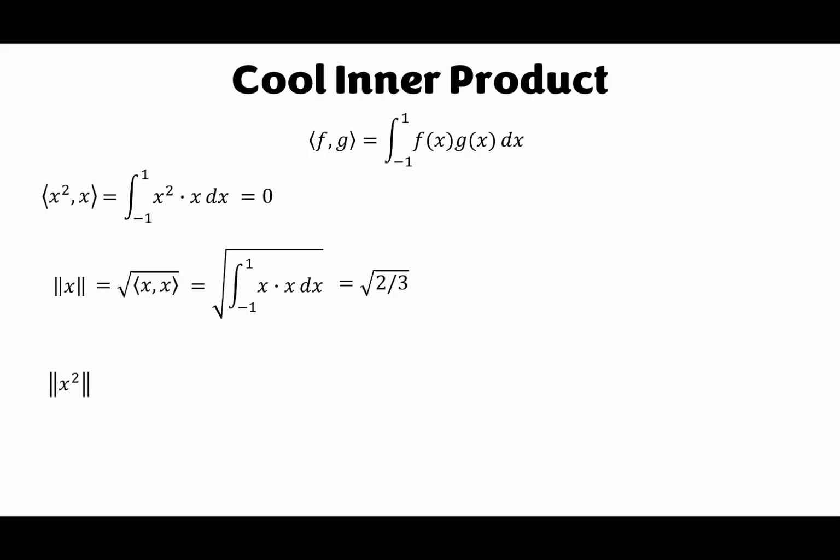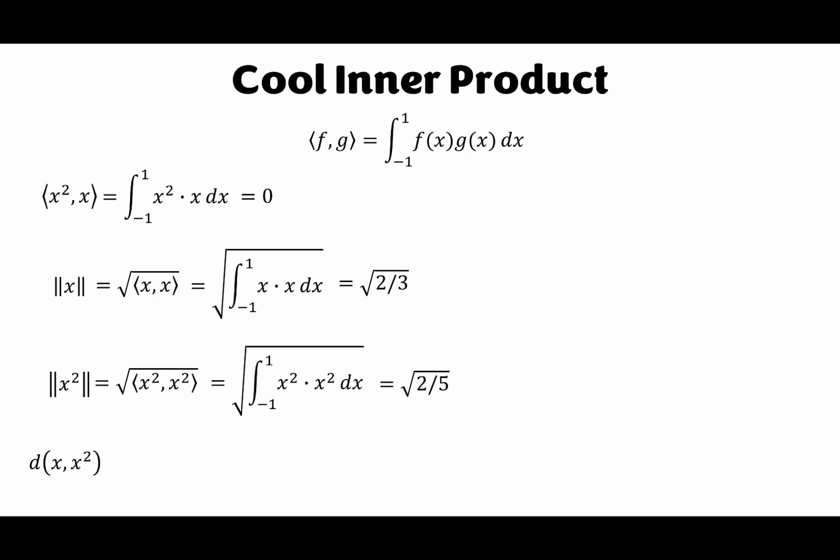Now if we look at the norm, or the length or the magnitude of the x squared function, we do the same thing, but this time we're working with x squared. And so we end up computing this integral and taking the square root of it. It ends up being the square root of 2/5. So that's the length of the x squared function.